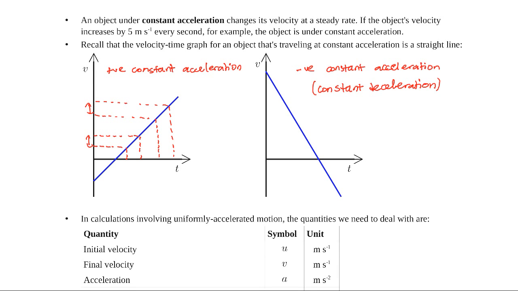I know my lines are not very straight, but I hope you get the point. For a given interval of time, the change in velocity is the same, because that's what we mean by saying that the acceleration is constant.